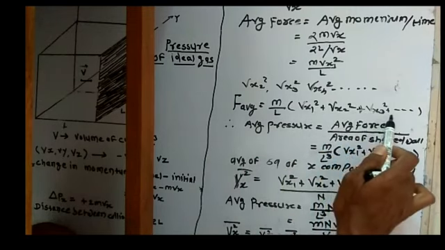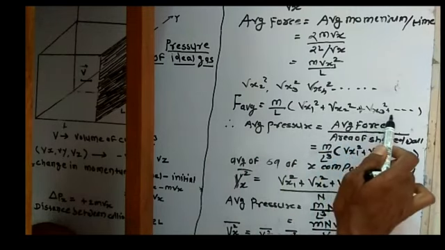According to the definition, average pressure is equal to average force upon the area of the shaded wall, that is equal to m upon L cube times in bracket Vx1 square plus Vx2 square plus and so on.